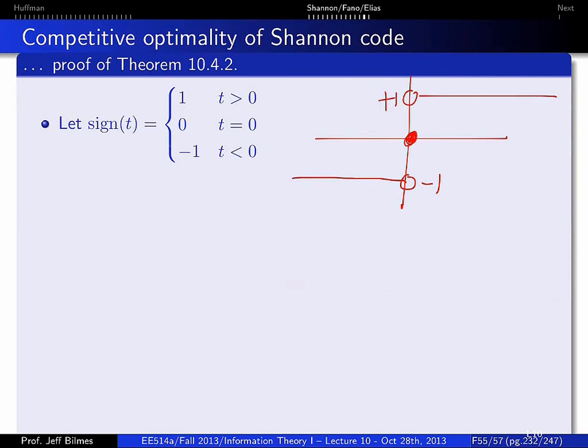Why is that? Well, 2 to the 0 is going to be 1, minus 1 is 0, right? And then 2 to the plus 1 or minus 1. So if this is, say, value 1, then 2 to the 1 is 2.